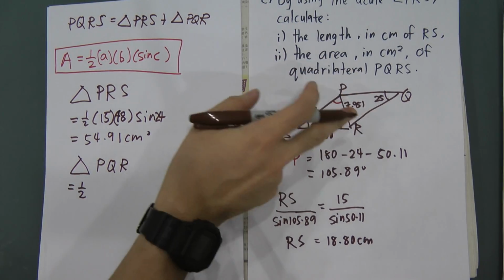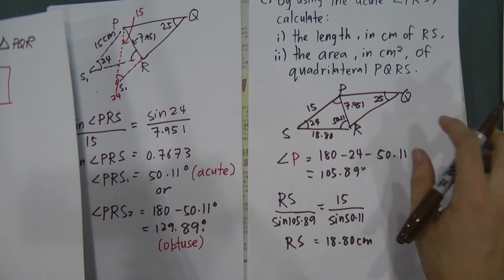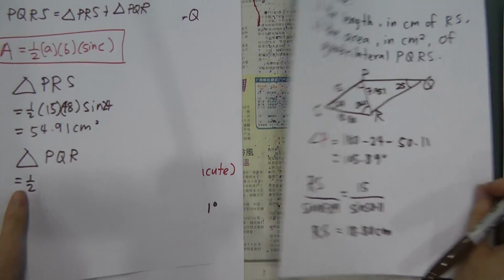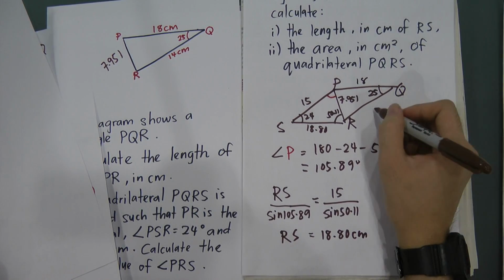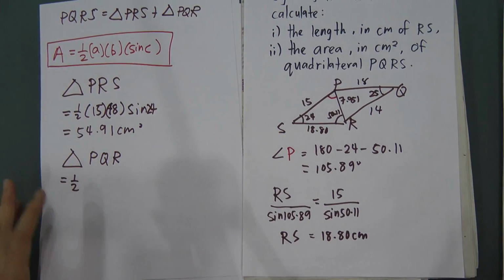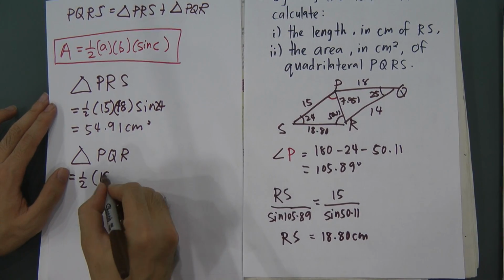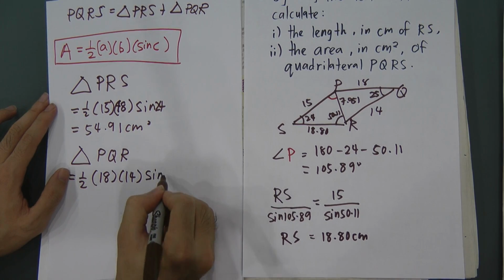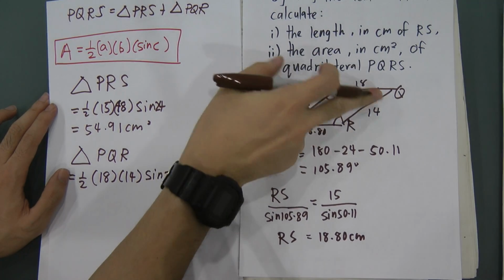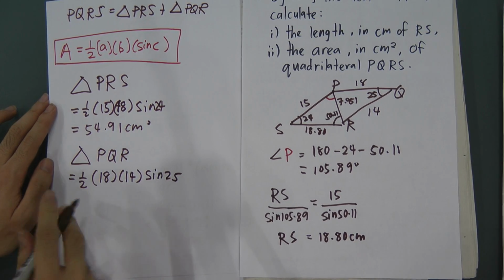Then we calculate the other one, the area of triangle PQR, 1 over 2, 2 sides and the angle. So what is the length of PQ? Here will be 18, this one will be 14. In order to find it, we have 2 sides and 1 angle. So 1 over 2 multiply 18 multiply 14 and then multiply sine 25. 2 sides and the angle in between, multiply 1 over 2.